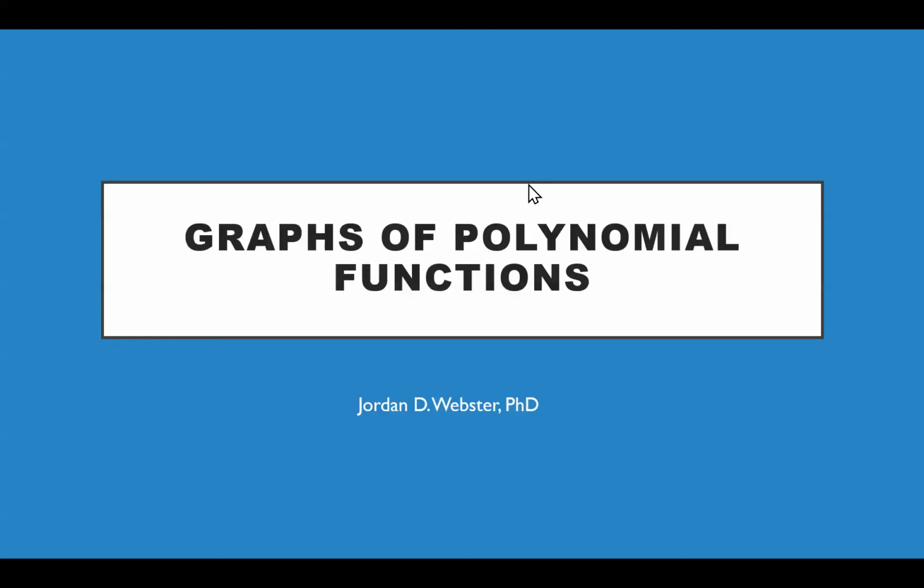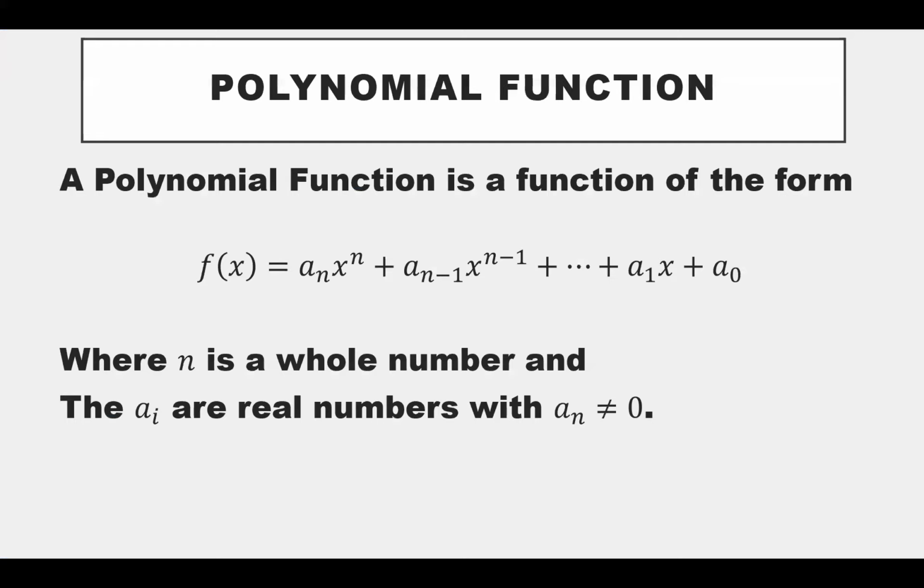In this video, we will further examine the graphs of polynomial functions. A polynomial function we saw previously is a function of the form f of x is equal to a sub n x to the n, and so on and so forth until we get down to the constant.